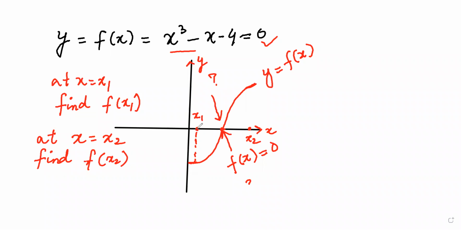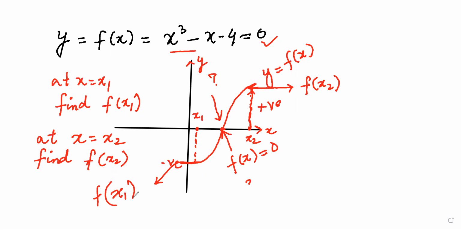At x equal to x1, our f of x1 has this value, and it's negative. Fine, no problem. At x equal to x2, our function has this value, and this is positive. This is f of x2, the value of the function at x equal to x2, and this is the value of f at x equal to x1.